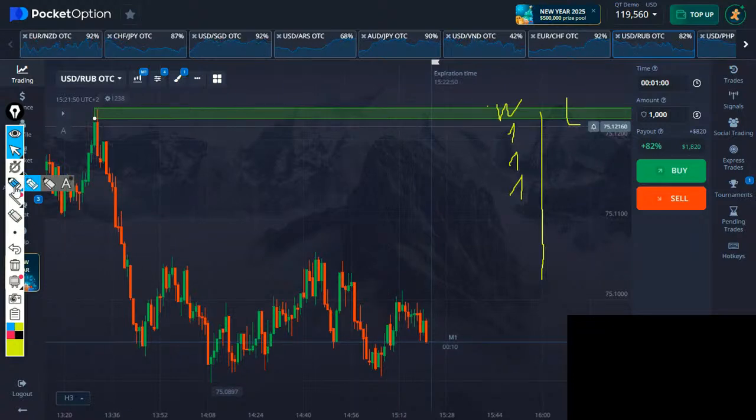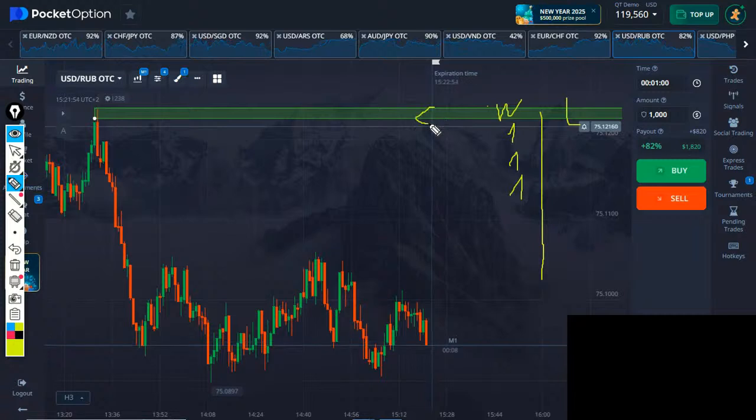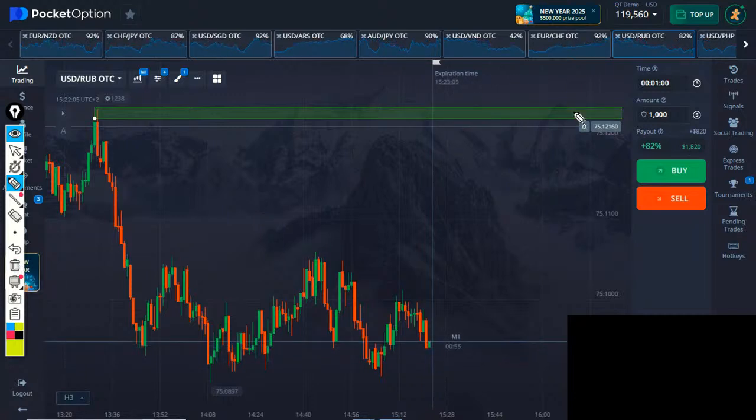When the price reaches this zone over here, you take a sell trade 1 or 2 minutes to the downside. Simple. So let me put the alarm anyways. Already done it. So we have three winning trades in our backtest for now.